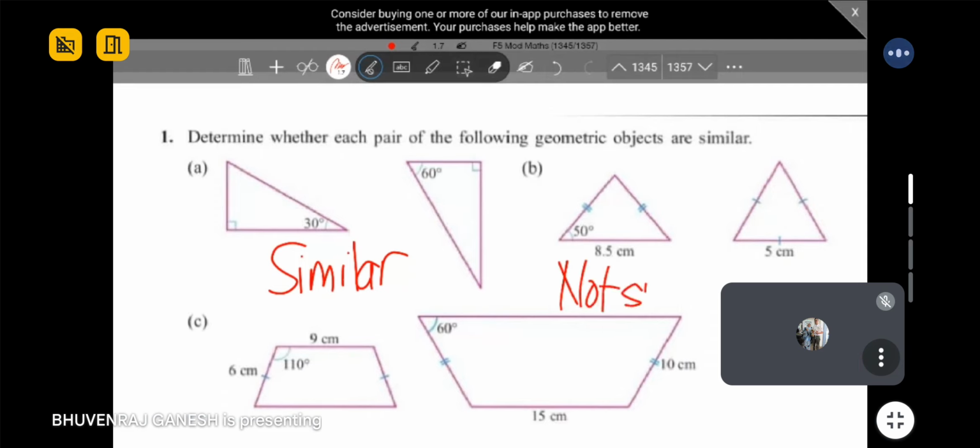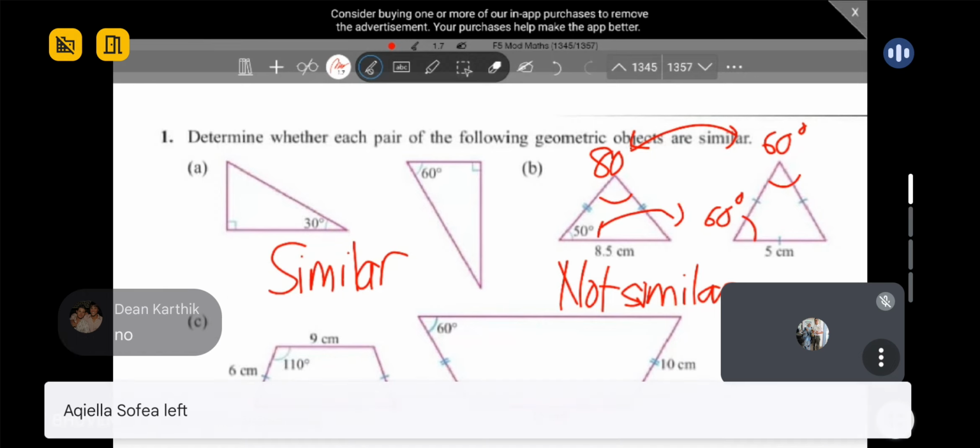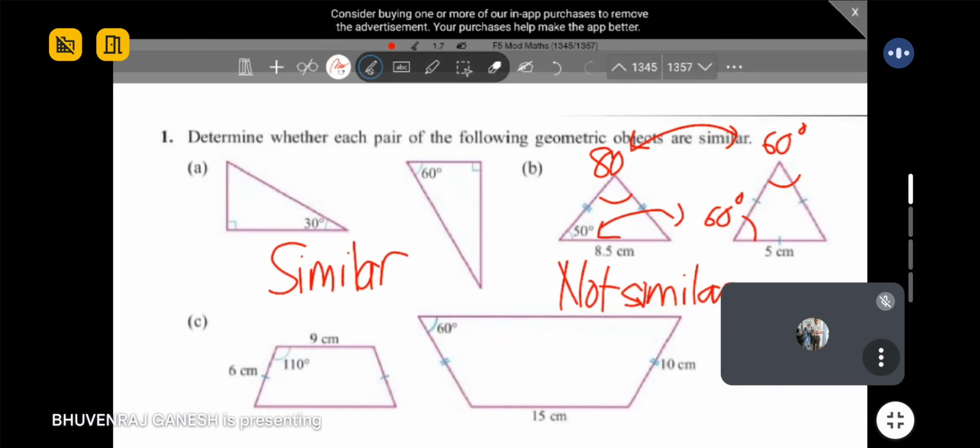Okay, so this one is not similar. Tidak serupa. Okay, you can compare and see. This angle, sudut ni akan jadi 80 darjah. Sudut ni adalah 60 darjah. So guys, you compare and see. Is the ratio equal? Adakah nisbah sama antara dua-dua sudut ni? Mesti tak sama lah. It's not equal. So that's why tidak serupa. Not similar. Understand?